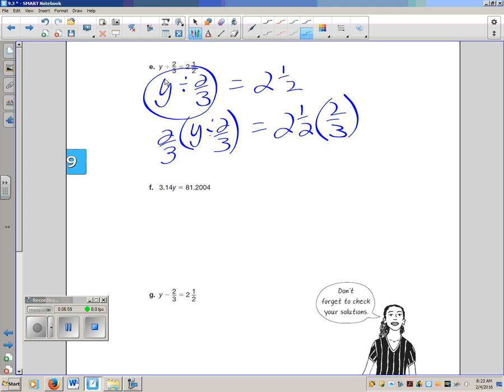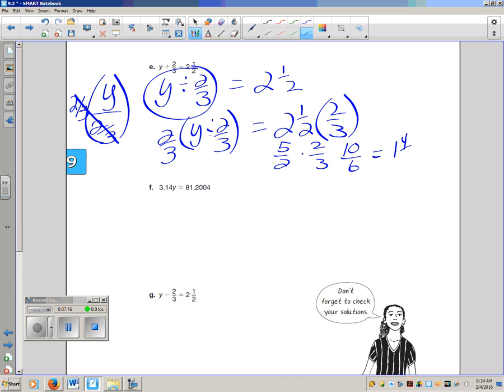I don't like the way this is written. So if you write it like this, it might be easier to see. Those go to 1. So you've got 2.5 times 2/3. 5/2 times 2/3 gives you 10/6, which gives you 1 4/6. Yes, you're going to reduce, 1 2/3.